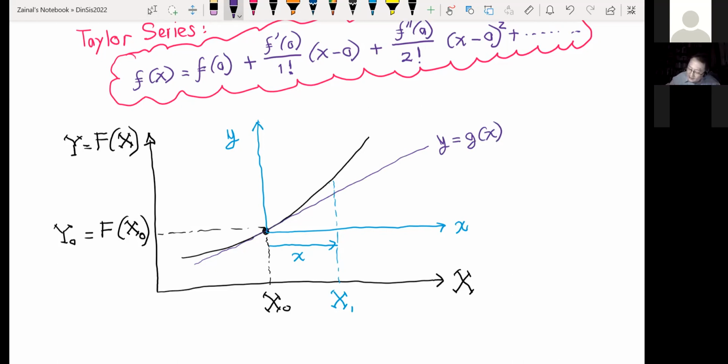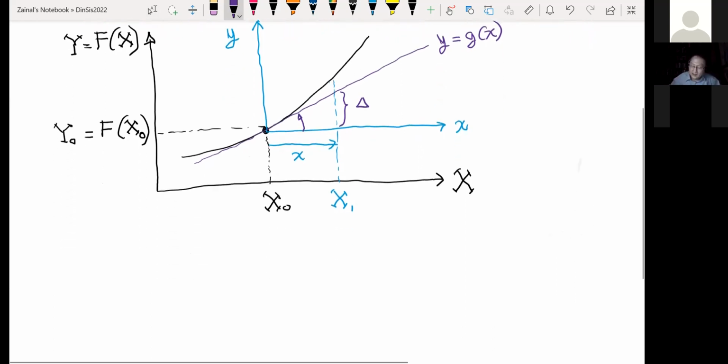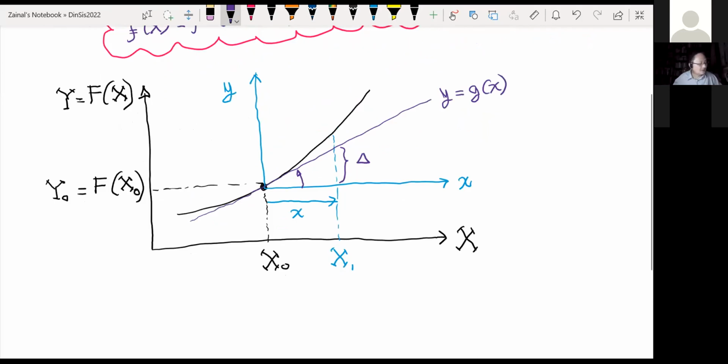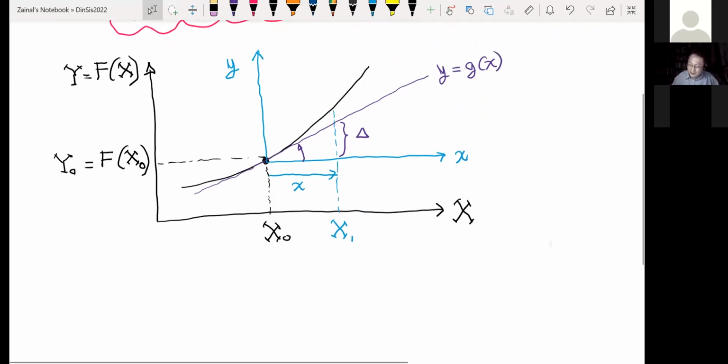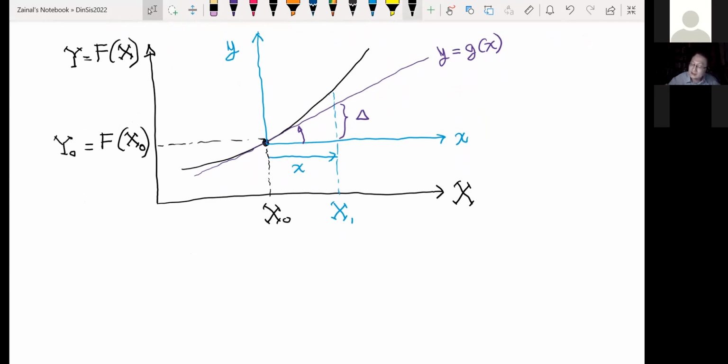This is delta. You know that the slope can be calculated from the derivative.